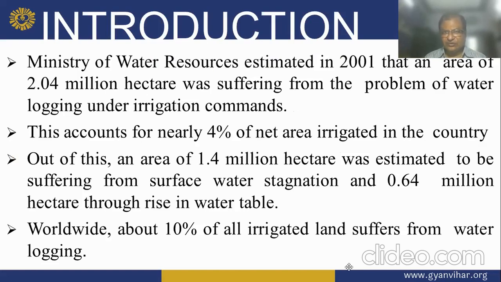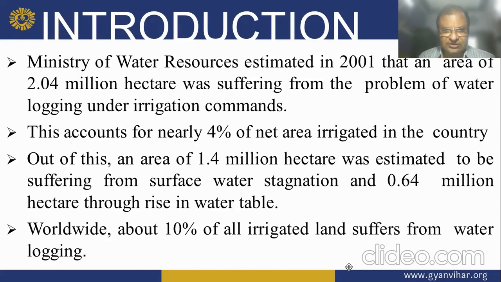The Ministry of Water Resources estimated in 2001 that an area of 2.004 million hectares was suffering from the problem of waterlogging under irrigation command, and this accounts for nearly 4% of the net area irrigated in the country.